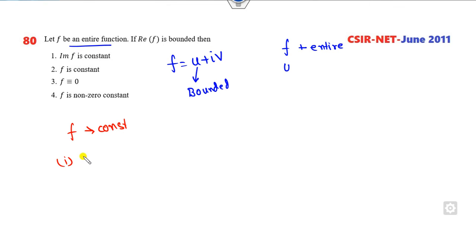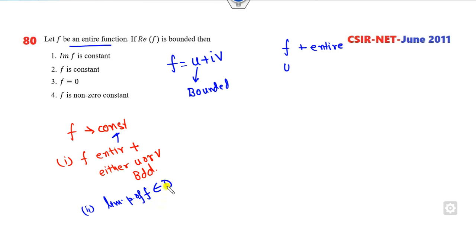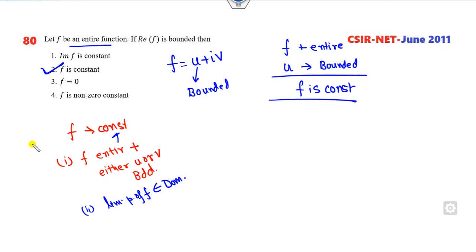If you prove that f is entire and either u or v, the real or imaginary part, is bounded, then it's a constant. Otherwise, if you prove that the limit point of the function is in the domain, then it's a constant by the identity theorem. But here u is bounded, so f is constant. So this is my correct option. This is part B.